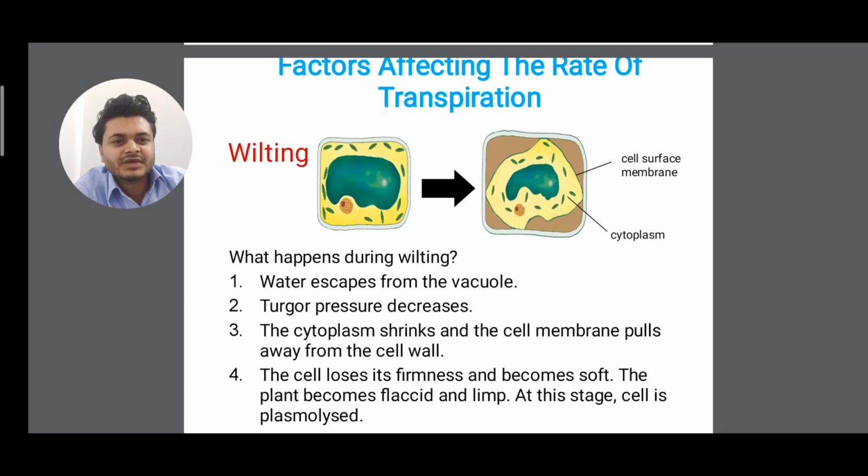The plant becomes flaccid and limp. At this stage, the cell is plasmolyzed. That means whenever a deplasmolyzed cell is converted into a plasmolyzed cell, the cytoplasm is reduced. Plasmolyzed cells result in wilting. Wilting is the drooping down of plants due to lack of water, isn't it?